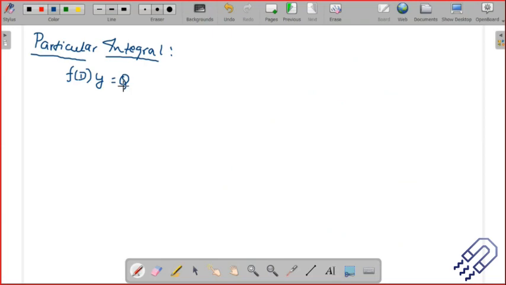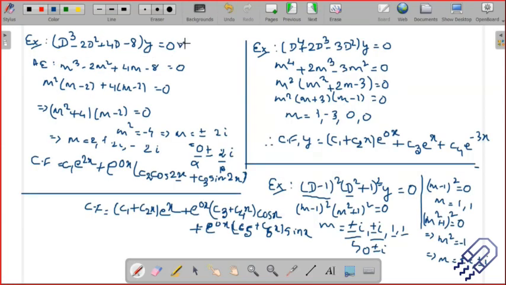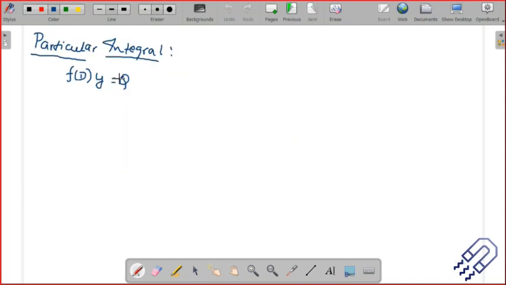Why do we need particular integral? Because everywhere we are saying it is 0 on this side. It might not be 0. Who said it should be 0? It can be anything else also. If it is something else other than 0, we also have to find out the particular integral. For the complementary function, we will just equate it with 0 and solve it in this way. And then for the particular integral, we have to consider that value whichever is there on that side, and then solve it.